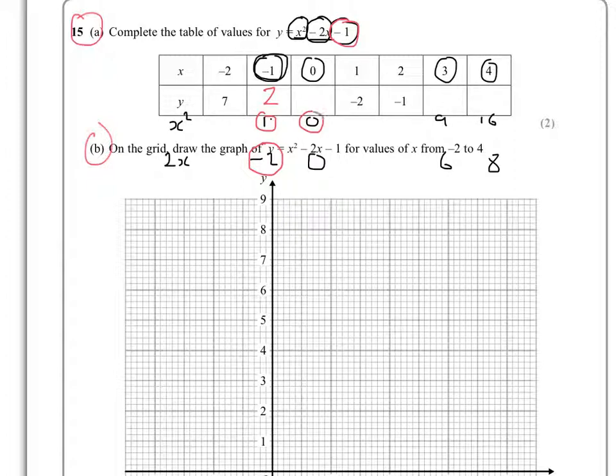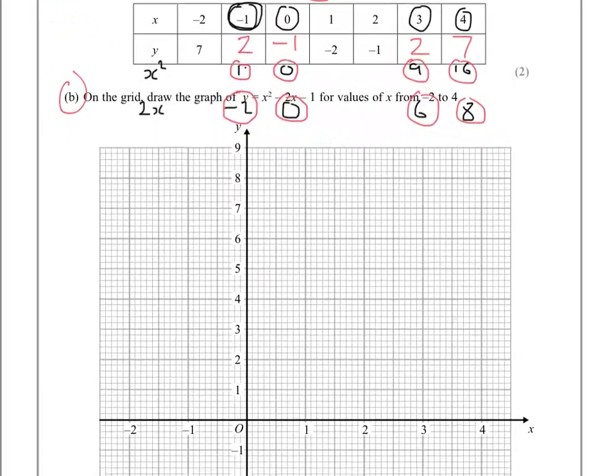Here we're going to do 0 minus 0, take away 1, so that's minus 1. Here we're going to do 9, take away 6, take away 1, so that's a 2, and here we're going to do 16, take away 8, take away 1, so that is 7.